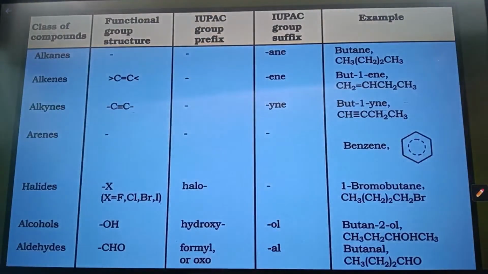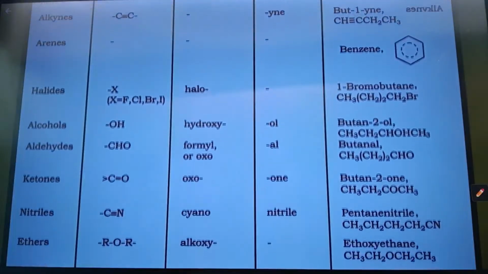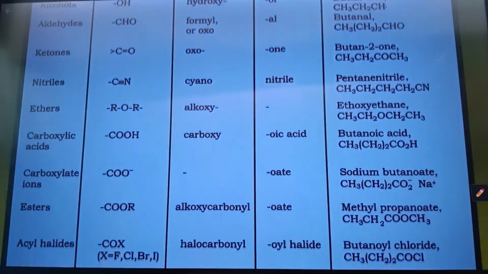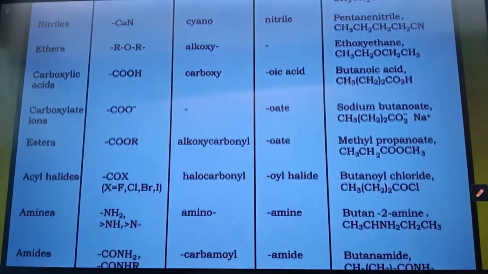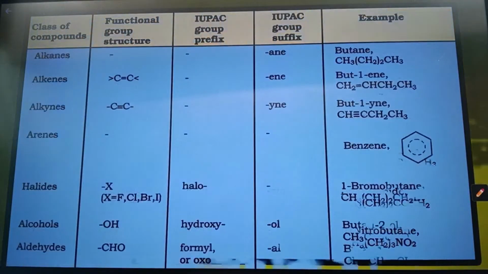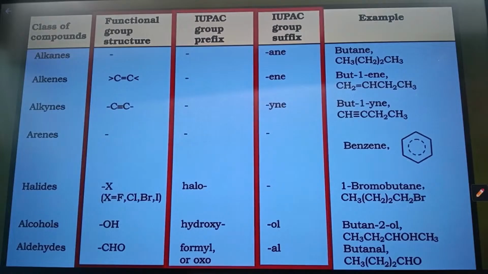The presence of functional groups enables systematization of organic compounds into different classes. Here you can see some functional groups with their prefixes and suffixes, along with some examples of organic compounds possessing these.